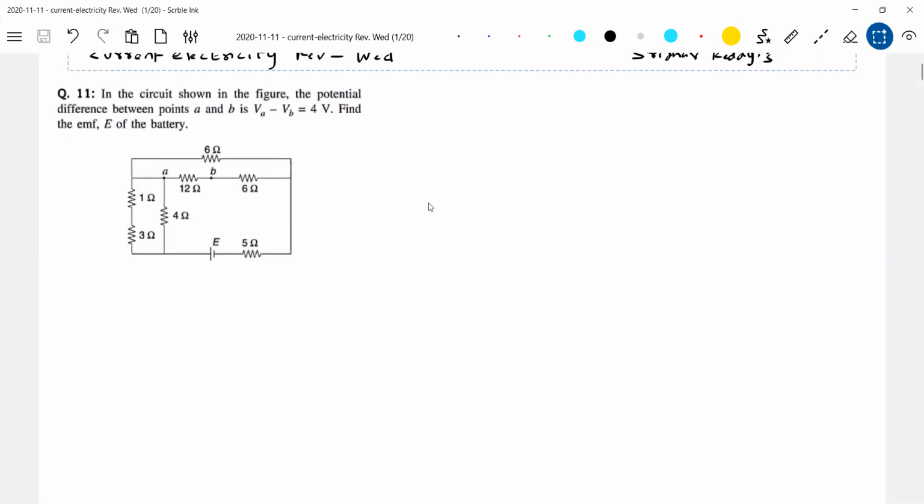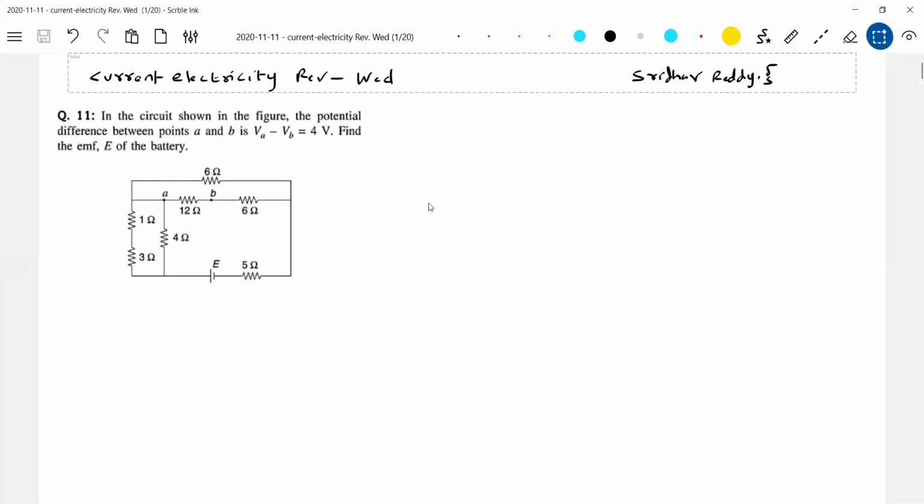All these are based on circuit problems. Okay, he has given the potential difference VAB. So once you know the potential difference VAB, can you calculate the current in that branch?